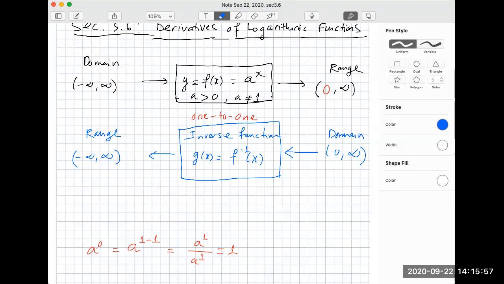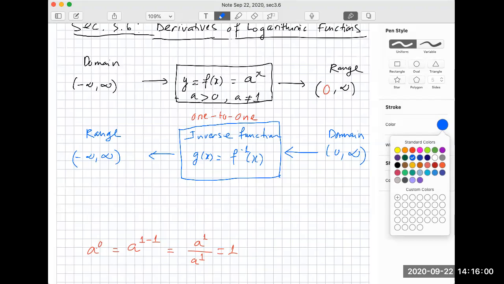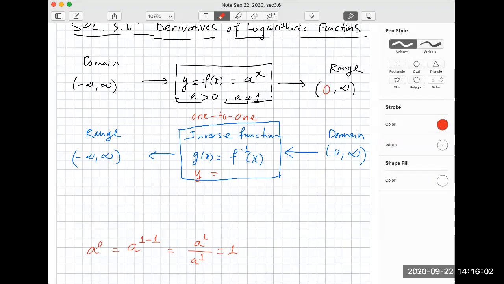We define it: y is log base a of x, which means x is a to the y. This is the inverse function. And remember, we care about a strictly positive and a should not be 1.